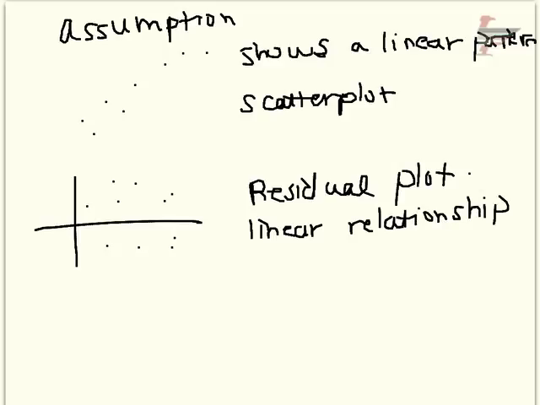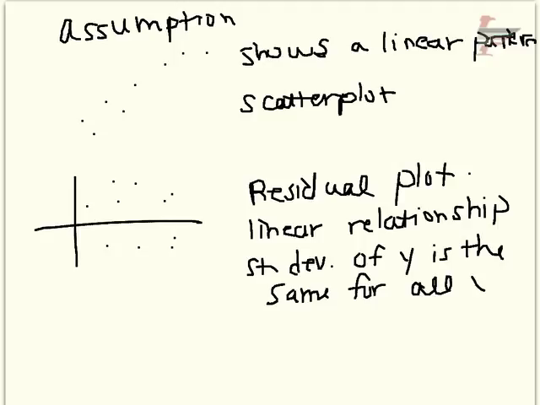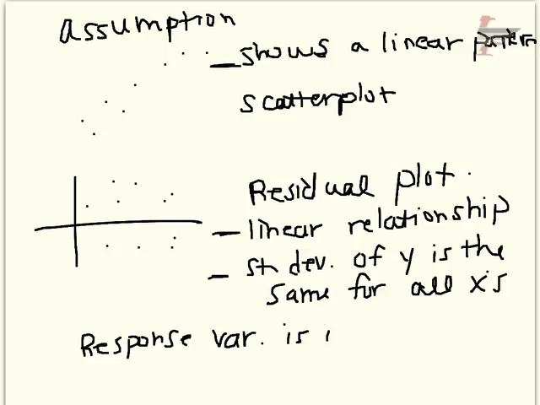It also shows me I have pretty equal spread throughout, so the standard deviation of y is the same for all x's. Okay, so I checked that, I checked that, I checked that. And then I can assume that my response variable is independent. And those are your 3 assumptions.